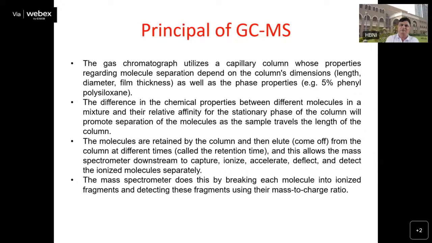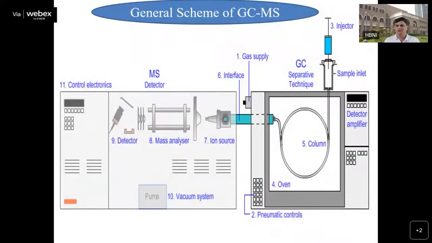This allows the mass spectrometer downstream to capture, ionize, accelerate, deflect, and detect the ionized molecules separately. The mass spectrometer does this by breaking each molecule into ionized fragments and detecting these fragments using their mass-to-charge ratios. This is the general schematic of GC-MS.